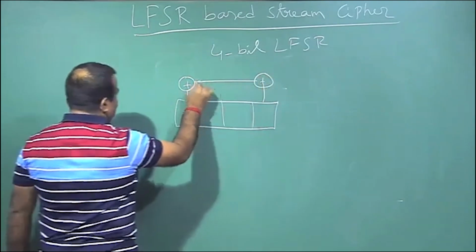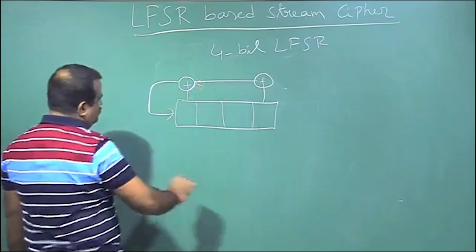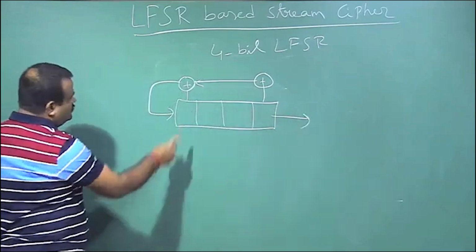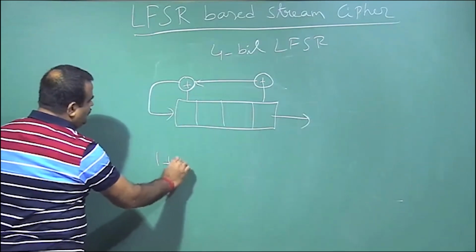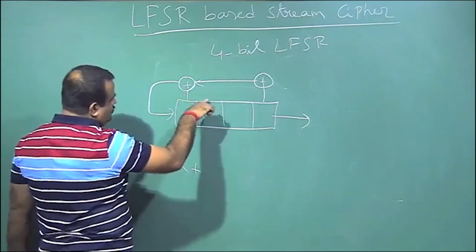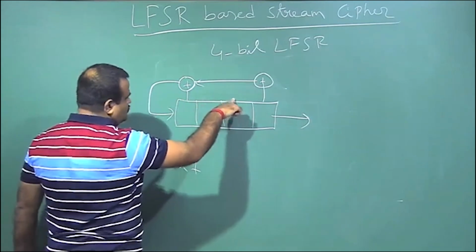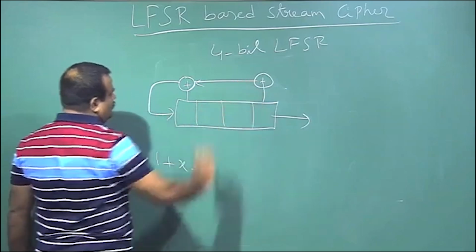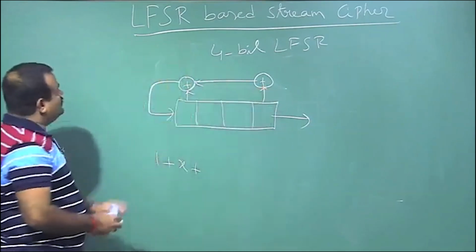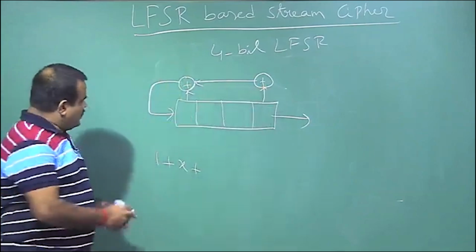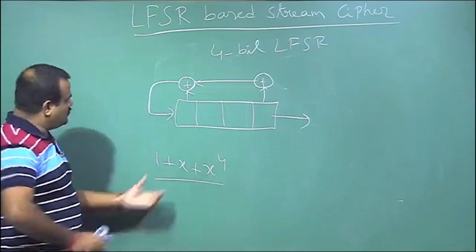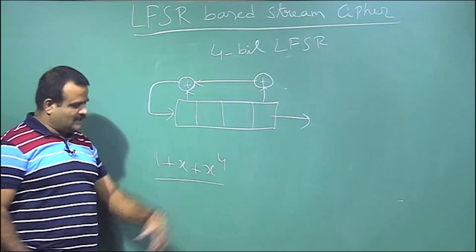This is going out. This LFSR corresponds to the polynomial 1 plus x to the power 4. So C0 is 1, C1 is 0, C2 is 0, C3 is again 1, because these are the bits contributing in the feedback. This is the linear feedback shift register corresponding to this polynomial.